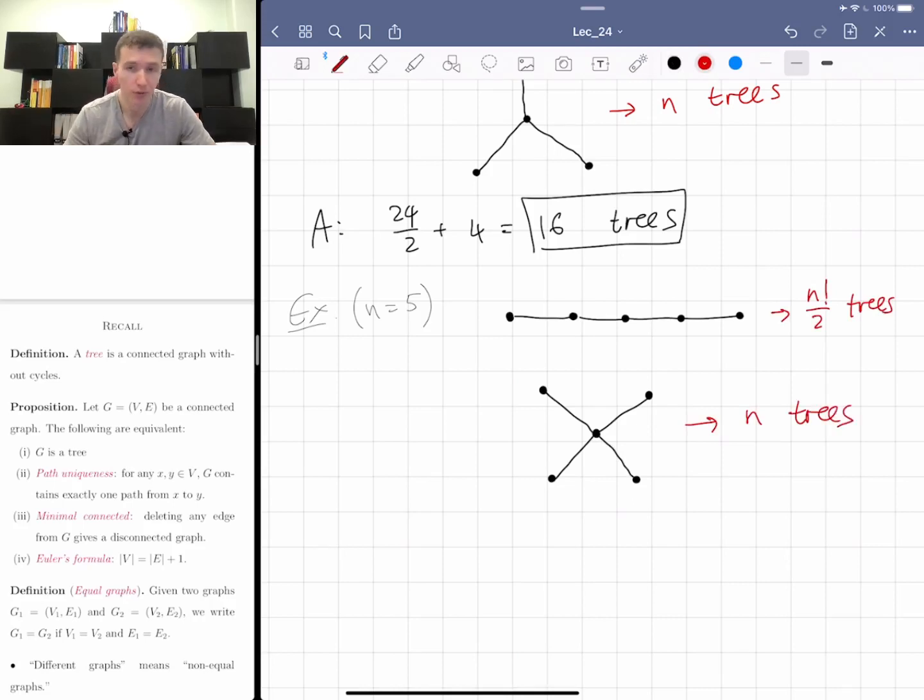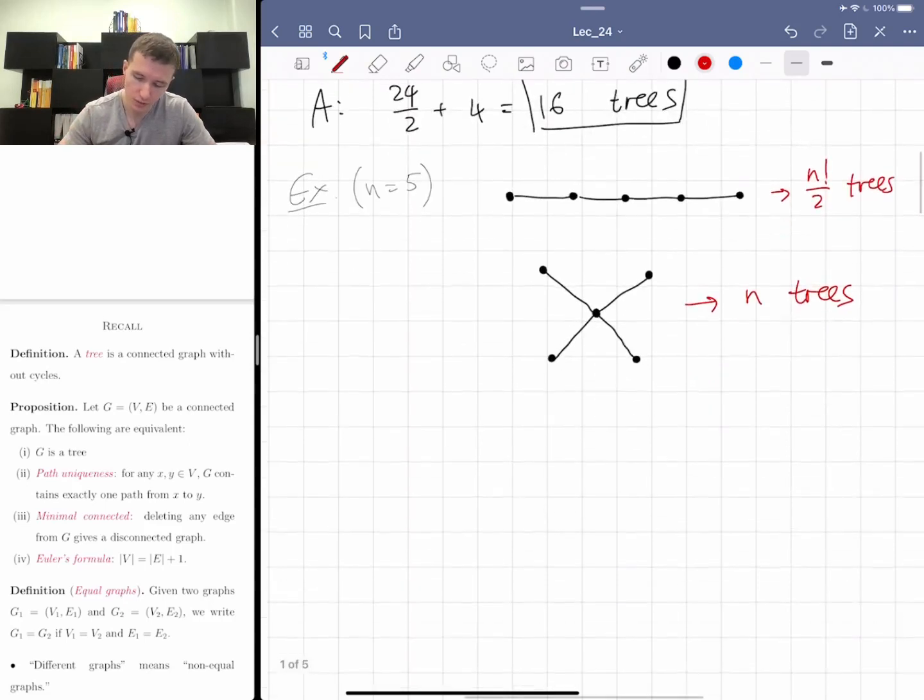But there's one more kind of tree. If I do this, this, and this, right, there's also a tree that looks like this. And there's no more. How do you check that there is no more?